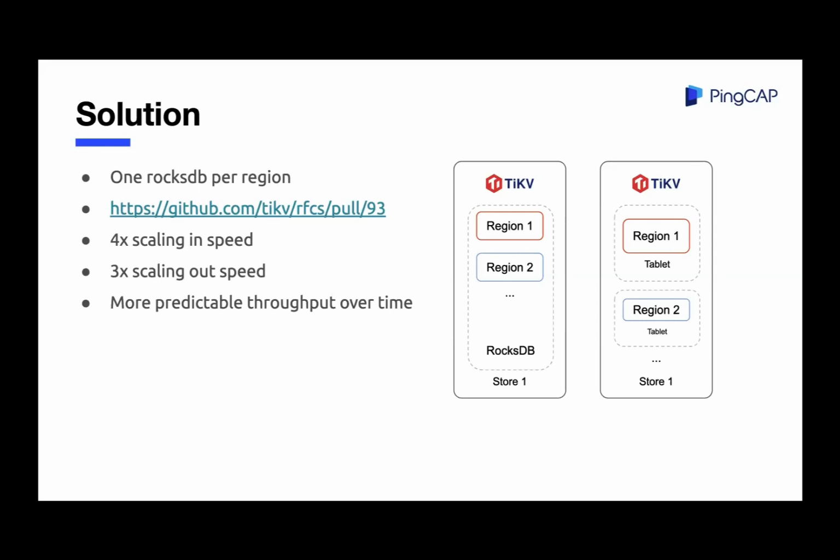Okay, so we need to ingest the SST file into the new RocksDB on the new node, right? But in the new way, there's no ingestion. We just copy the RocksDB to the new node, and TiKV takes over the directory, just a pure rename.